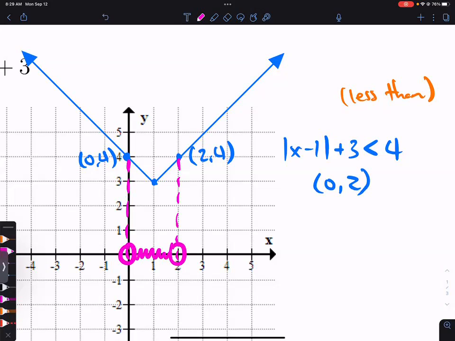Another way you can think about this question is think about the actual graph of the thing. Think about it like a roller coaster track or something. If you're riding on it, the question is, when are you sitting below? When is the height of the track lower than 4? Well, if I'm riding along the thing, I'm using x values to keep track of where I am.